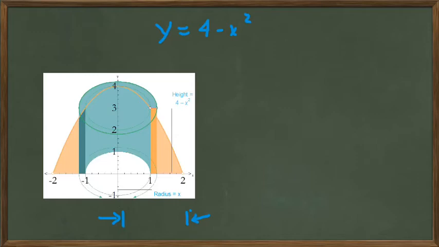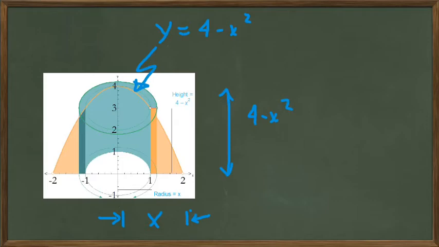And we have drawn on this a representative can, a representative cylindrical shell that is pictured in this green shading. The height of this shell is represented here as 4 minus x squared.